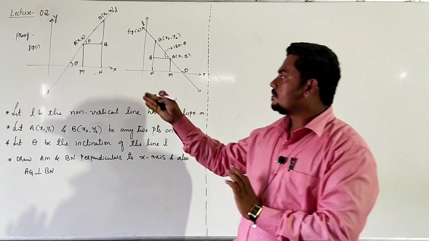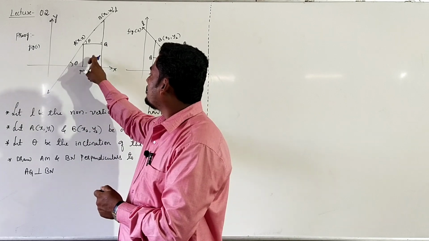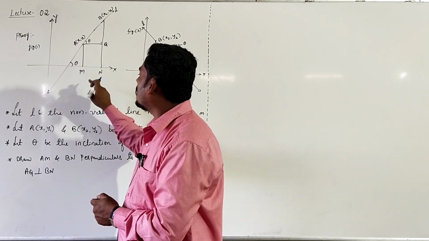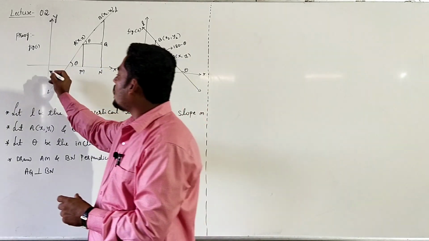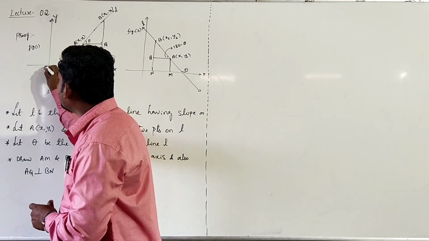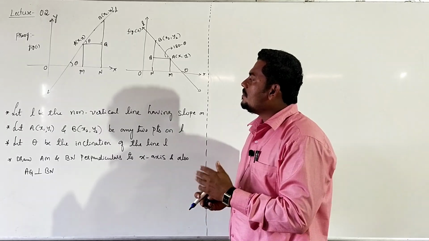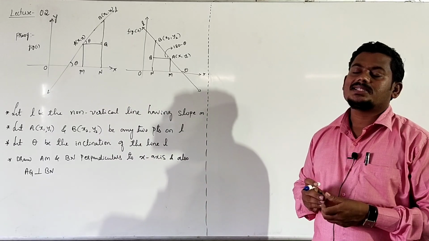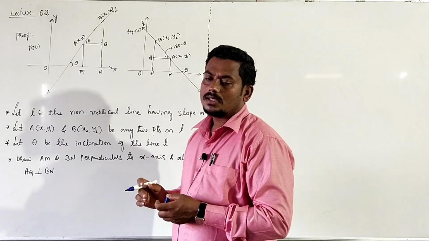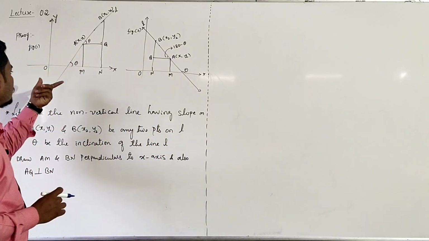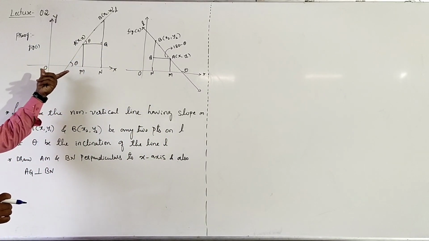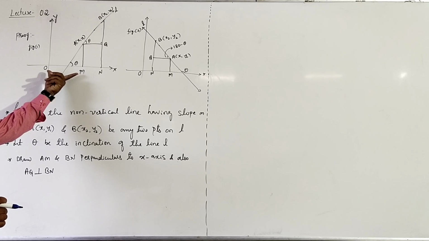Now, after that, this is the point of intersection of coordinate axes, origin, and this is also origin, right? Tell me, what is the OM length?